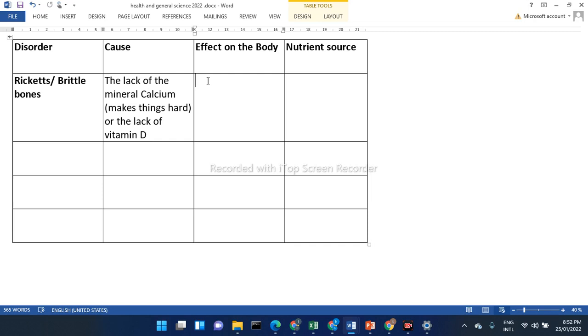It makes the bones brittle. So the bones are soft and brittle. That means they're easy to break when a force is applied.